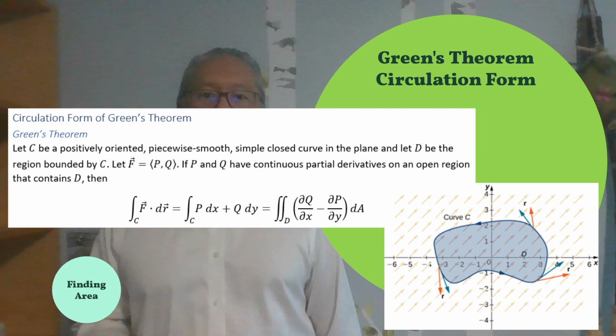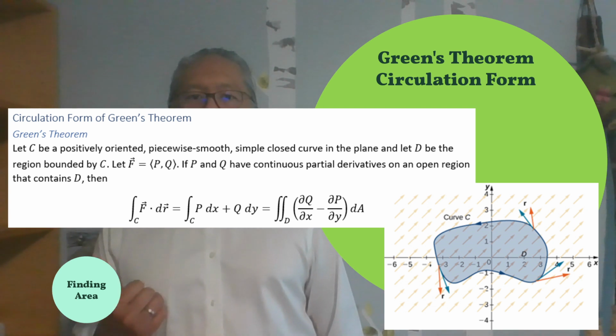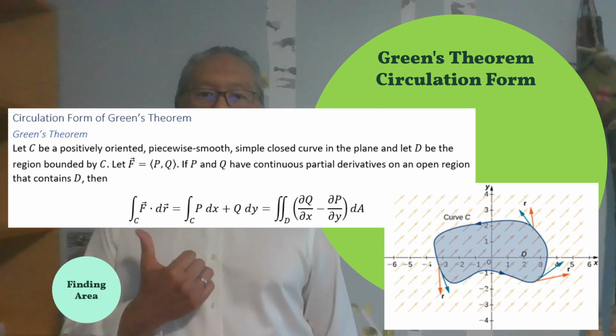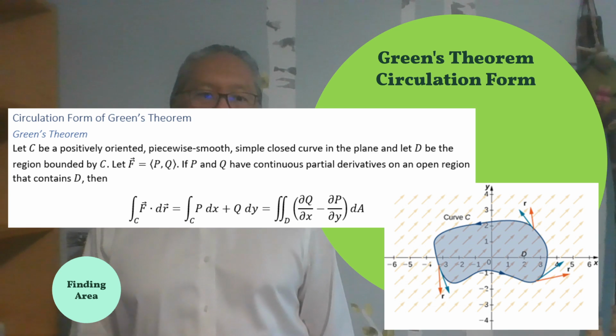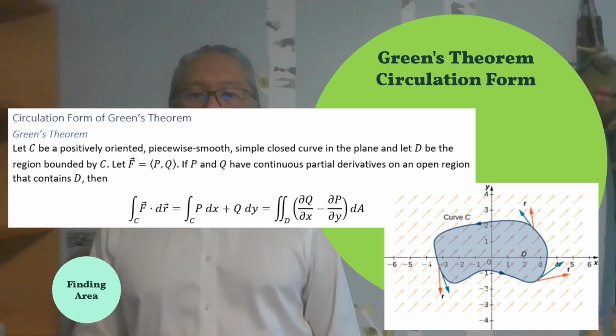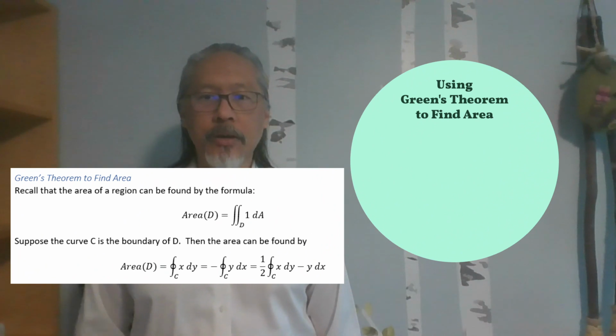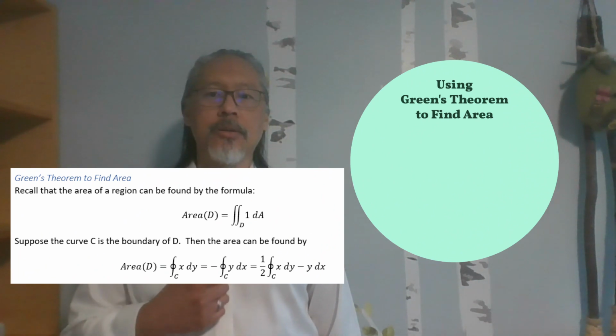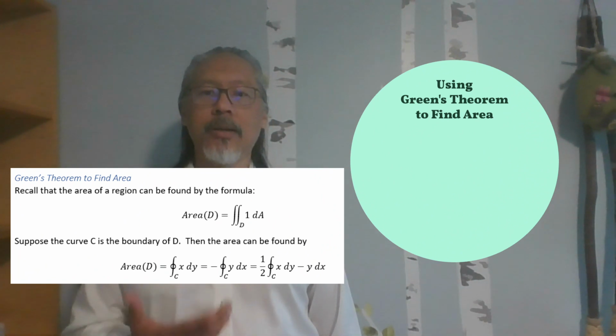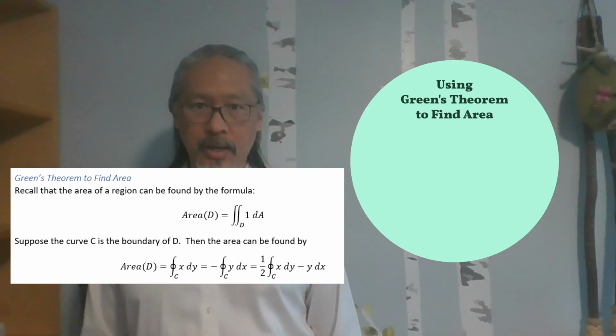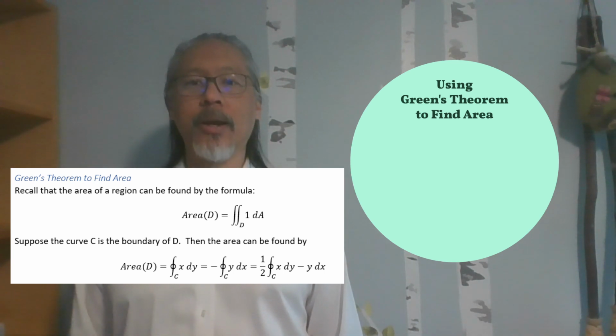Green's theorem is rarely used going from a double integral to a line integral, but it is used sometimes, and one of the popular applications is to find the area. One way to find the area is to use a double integral with 1 as your integrand.